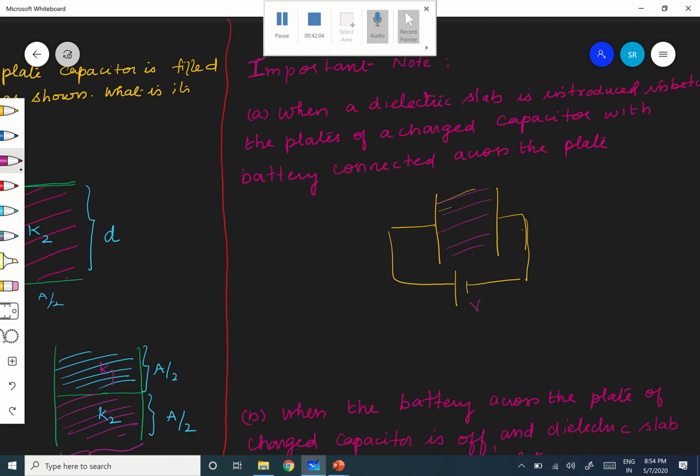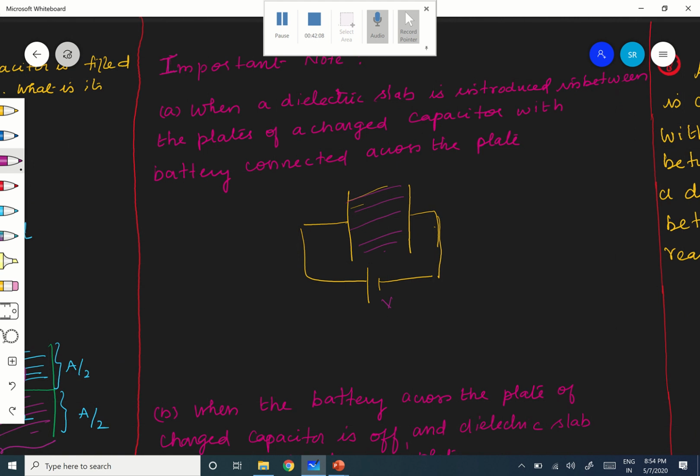Now what will happen? What will happen to the potential? First understand the problem. Now I am introducing a dielectric slab.